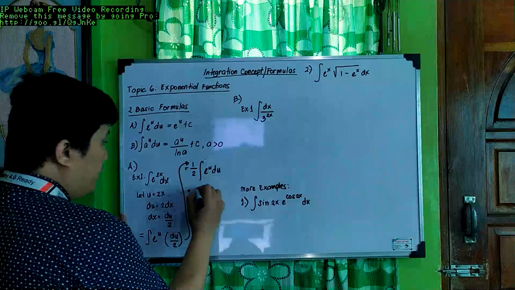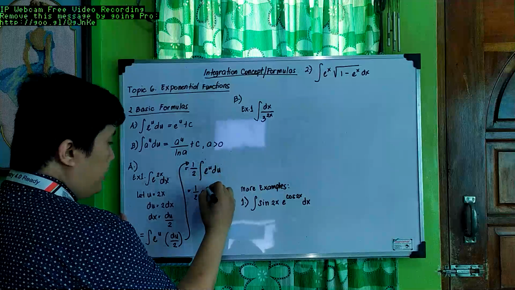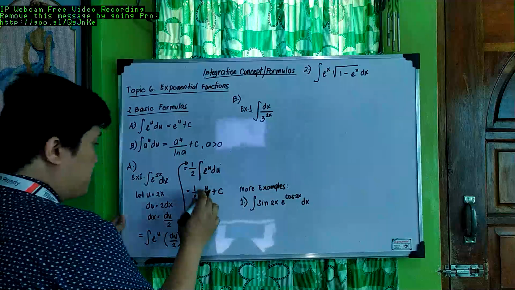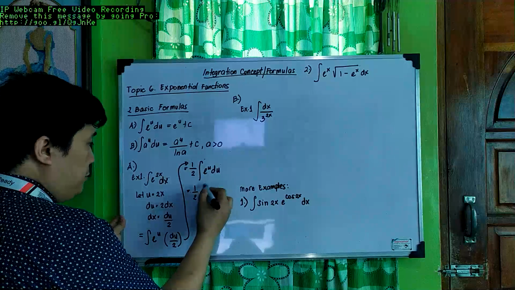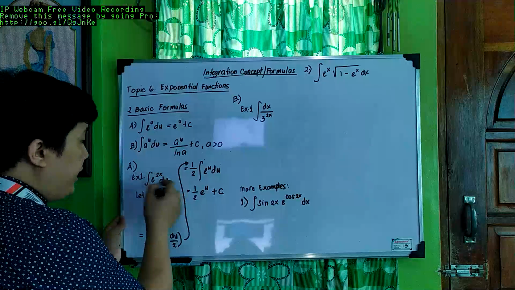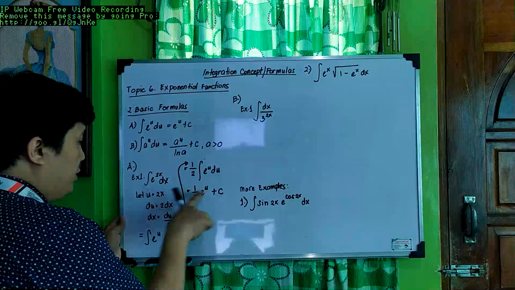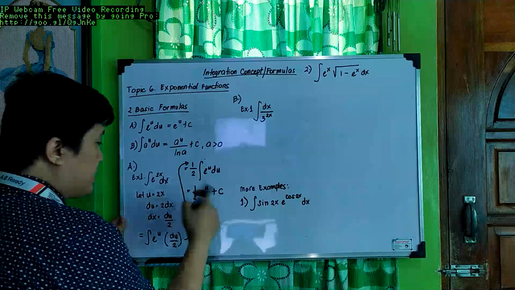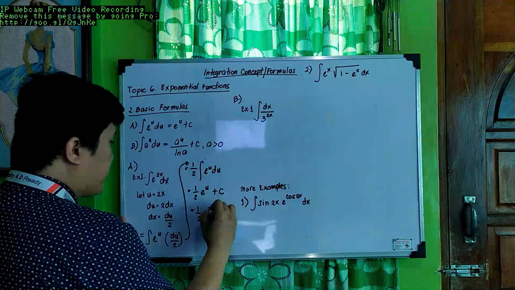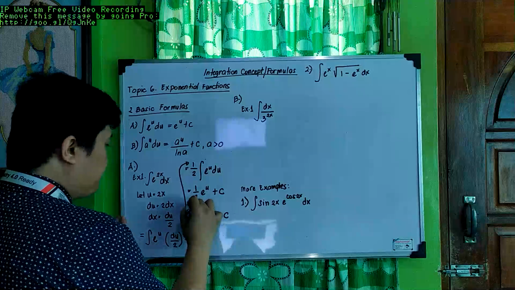But we need to substitute because our output here has variable u, but our given is in x. So you have 1/2 e raised to the power of 2x, that is the value of u, plus c.